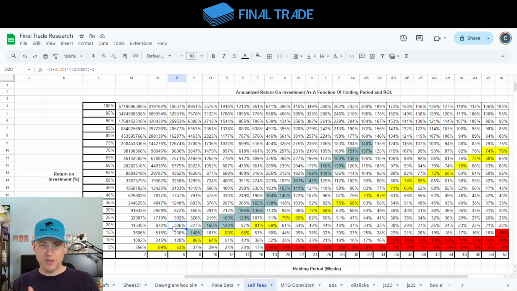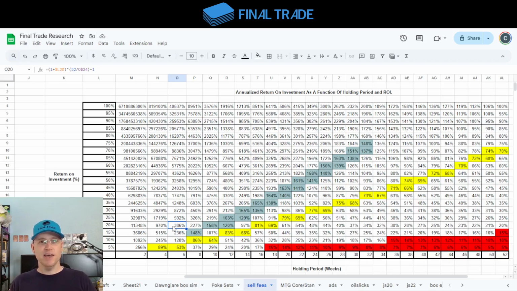And so for Final Trade right now, my kind of base case thing is I have a whale that I work with, and he has a supply of product. He gives me a favorable price on it, and then I can take that and sell it into the market. And so I can simply arbitrage from him into the market, and I can make something like 12 to 15% profit off of that.